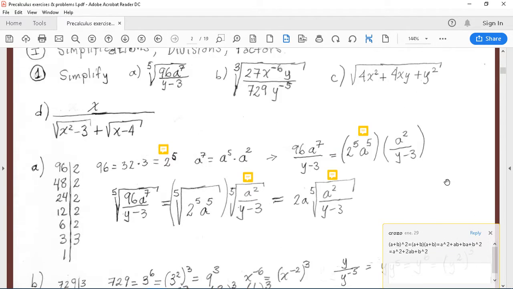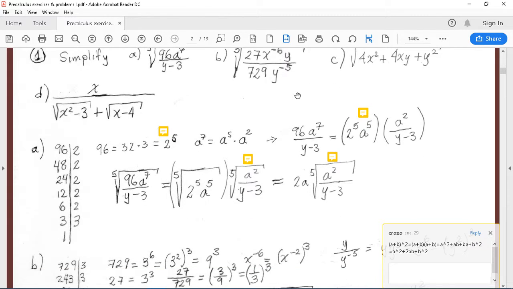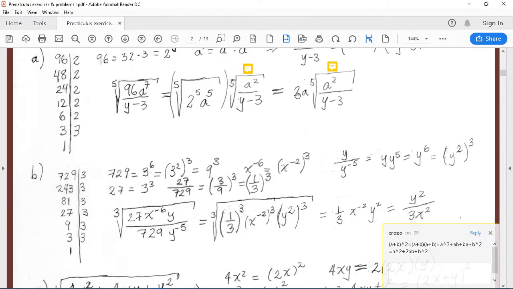Okay, now let's go to the second term, which is the cubic root of 27x^-6 y divided by 729y^-5.